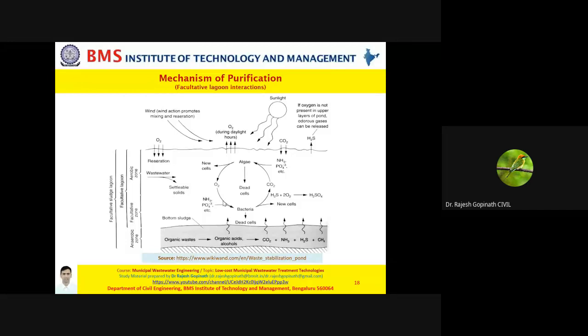The organic matter in the wastewater is broken down by the bacteria. If it's aerobic bacteria, when it breaks down the organic matter, it produces carbon dioxide. Again, if it's anaerobic bacteria, it will produce methane, hydrogen sulfide, and ammonia.